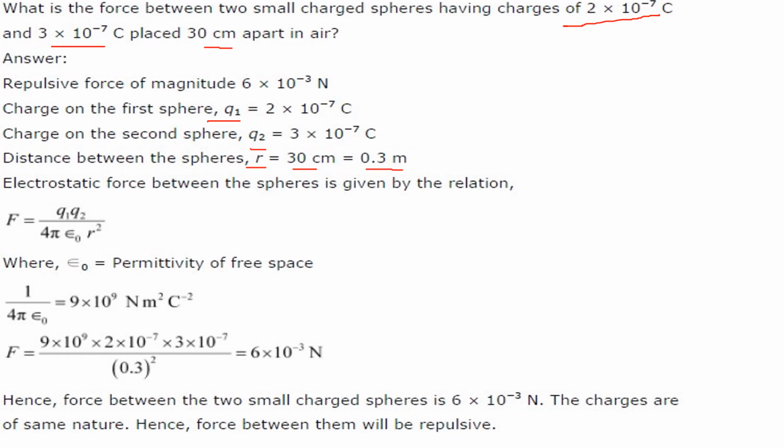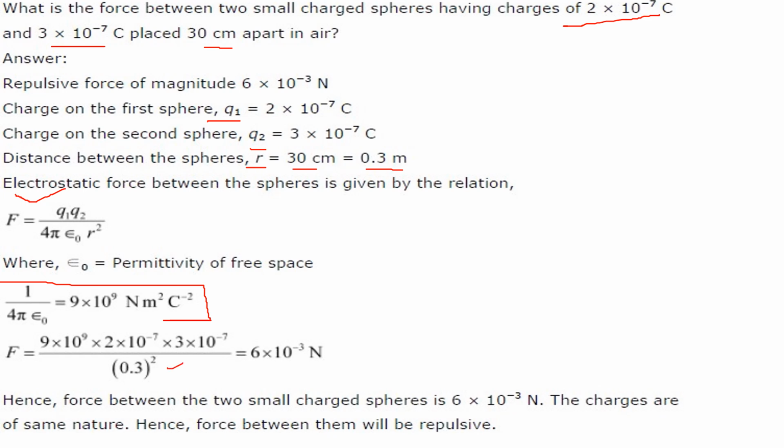Then we apply the formula of electrostatic force. The electrostatic force between the spheres is given by F equals Q1 Q2 divided by 4 pi epsilon naught R square. Here epsilon naught is the permittivity of free space. We know the value of 1 upon 4 pi epsilon naught is 9 into 10 raised to power 9 newton meter square per coulomb square.